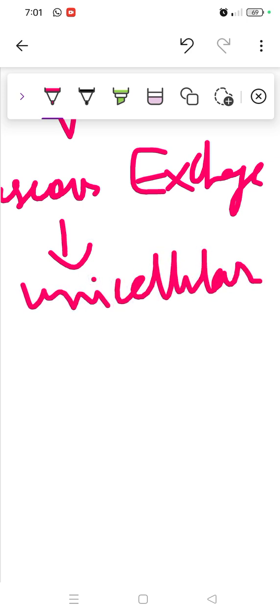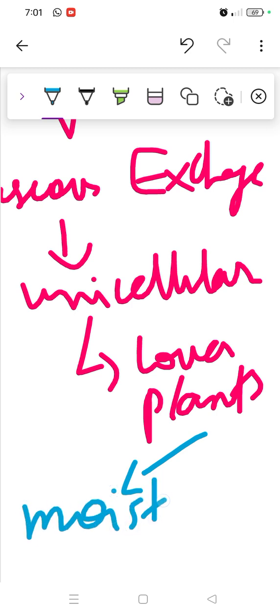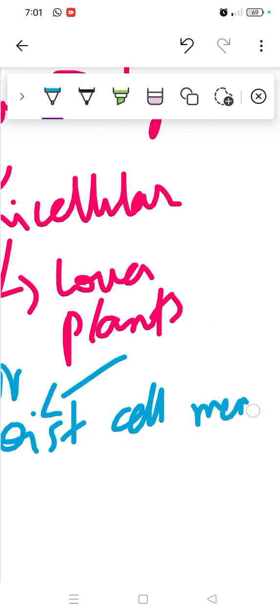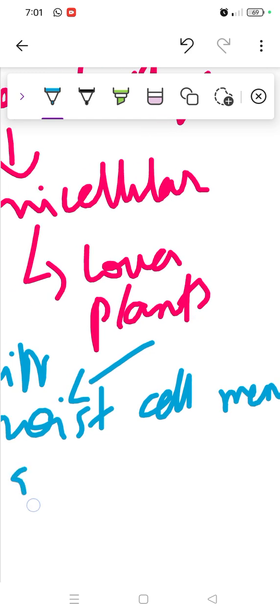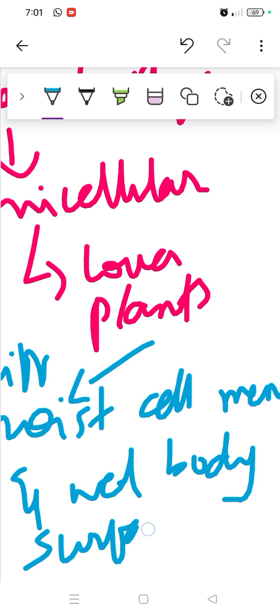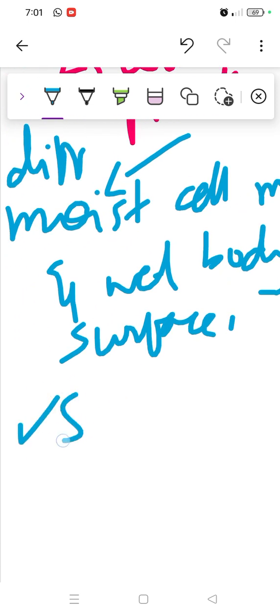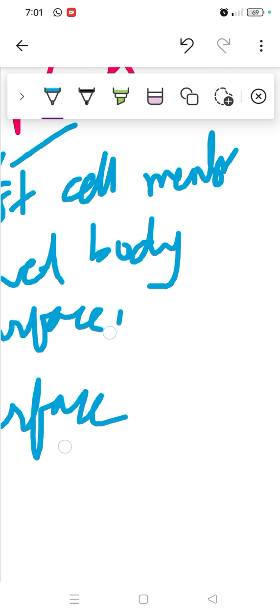So unicellular organisms and lower plants, especially aquatic ones, take diffusion across a moist cell membrane and wet body surface. And you'll see that the surface area in such organisms is greater.